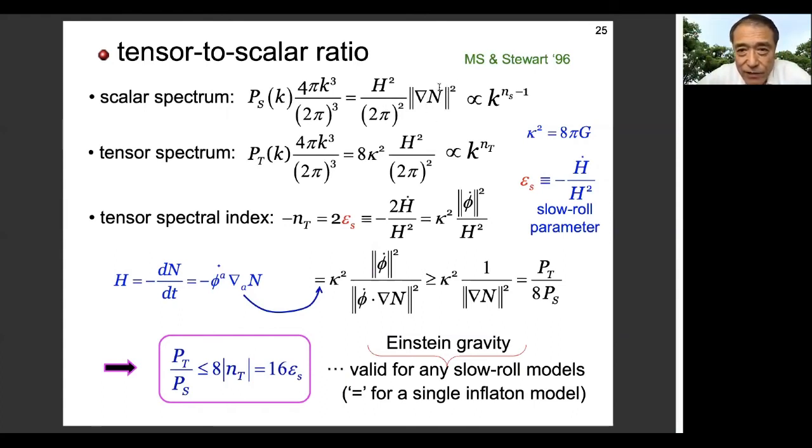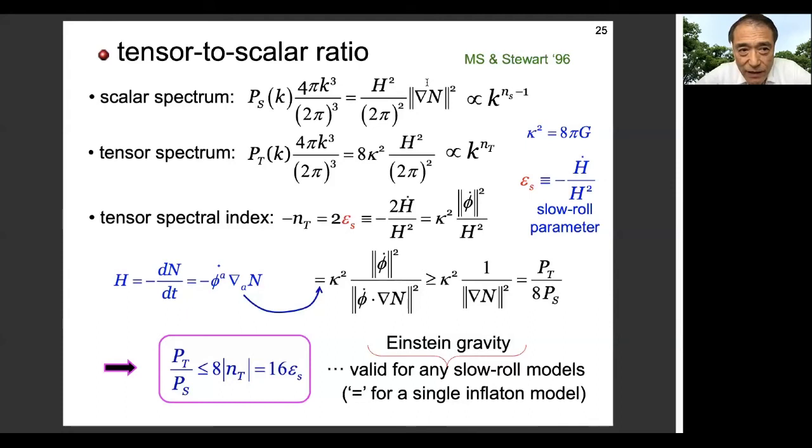So essentially, if you have n degrees of freedom in the scalar field, then you essentially multiply the amplitude of the scalar perturbation by n. While the tensor only has 2 degrees of freedom, and it remains 2, unless you have some very funny theory of gravity. So the tensor perturbation amplitude remains the same, given in terms of the Hubble parameter during inflation.